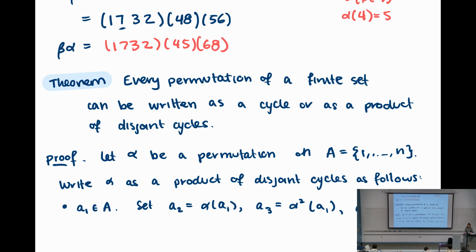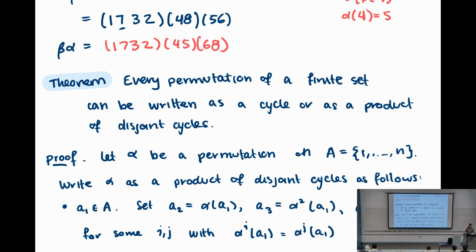So if I keep writing down subsequent powers of alpha of A1, we're going to have some i and j with alpha to the i of A1 equal to alpha to the j of A1, just because this sequence has to have repetitions in it.